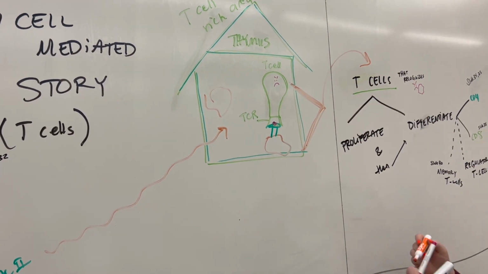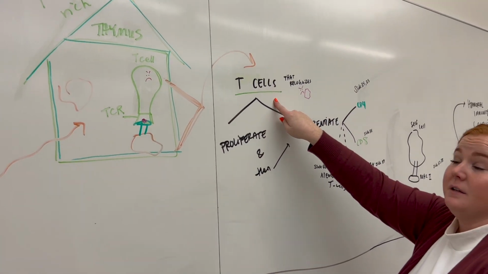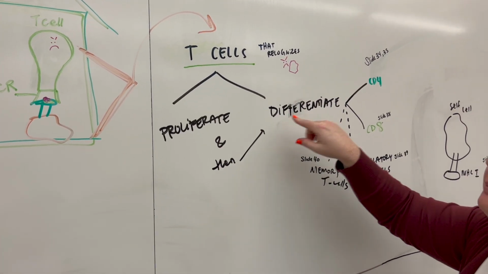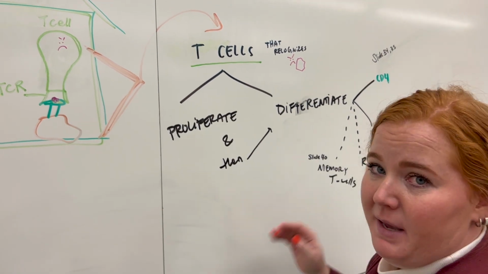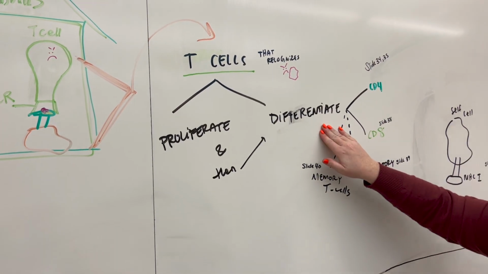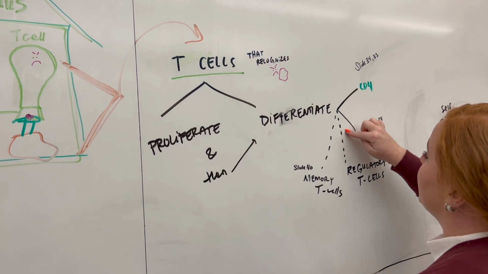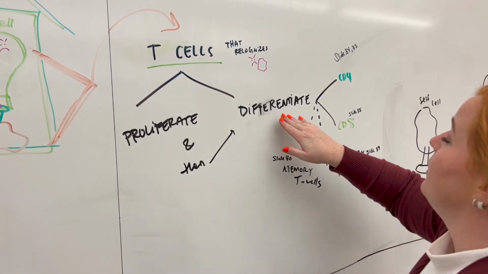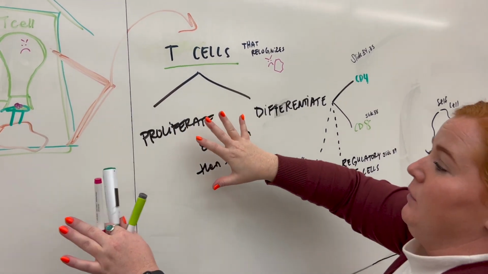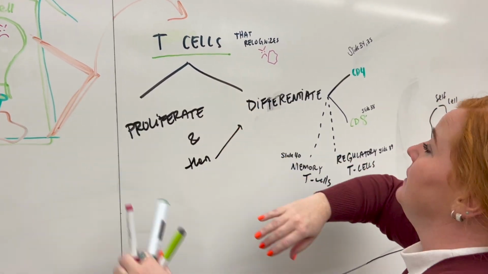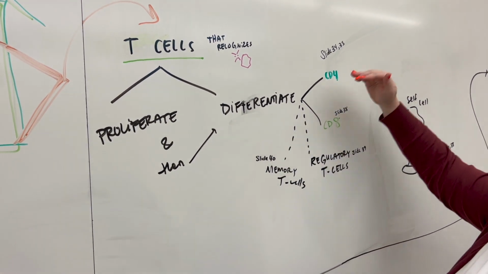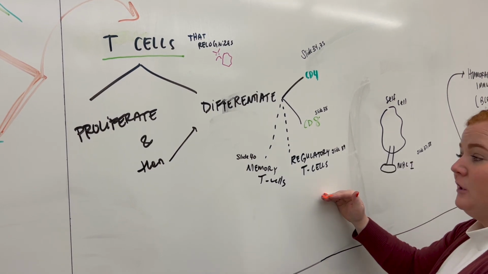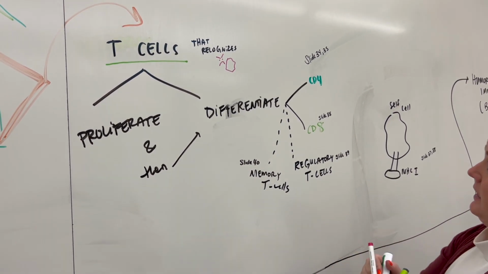Once this process happens, we move here. We're gonna see the T cells proliferate and differentiate. Proliferate means multiply, make a bajillion of. Differentiate means to turn into different types of T cells. So T cells, after they've proliferated, they've multiplied, made a million, then we differentiate into CD4, CD8, regulatory T cells, and memory T cells.